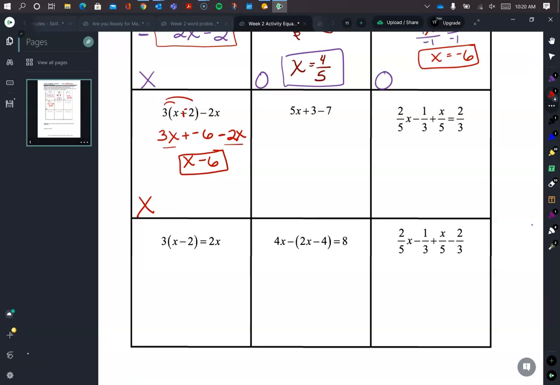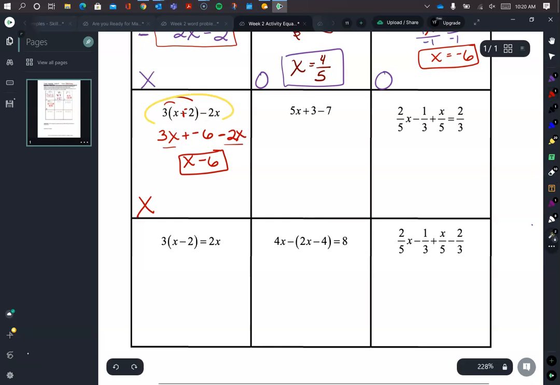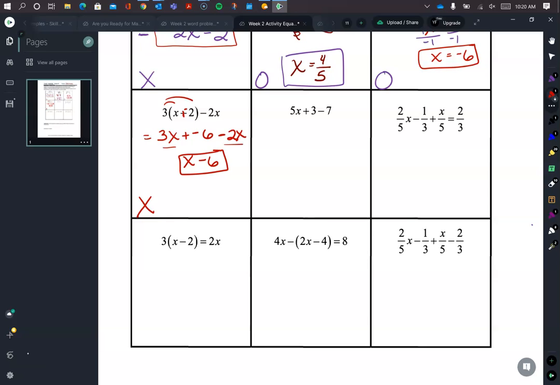Now, one thing I should do here, instead of just writing underneath, I should say this expression, 3 times quantity x minus 2, minus 2x, is actually equal to this expression, 3x plus negative 6 minus 2x, which is equal to x minus 6. Now that doesn't suddenly make it an equation. It's still an expression in the long run, but just be careful when you're writing that.